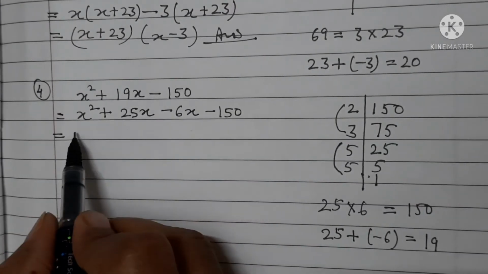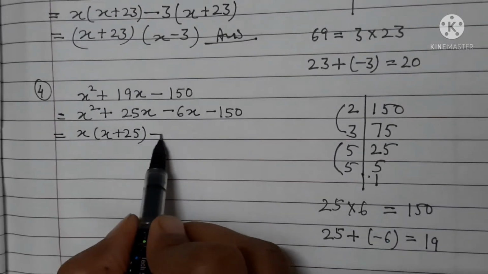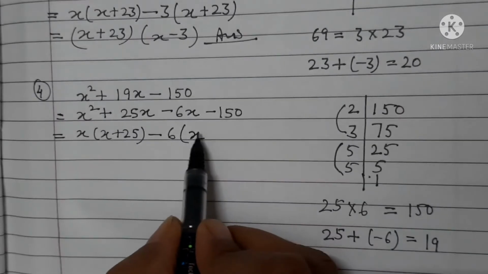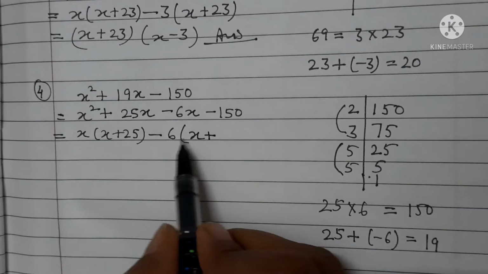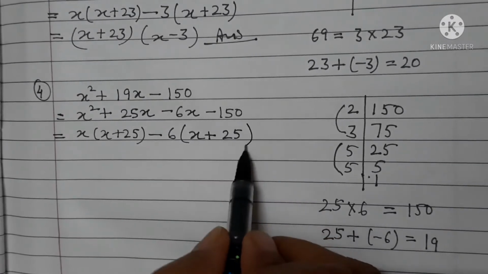Now here you can take x common, x plus 25 in the bracket, minus common and 6 common. So here in the bracket x minus; we have taken common, the sign will be plus, and 25 6s are 150.